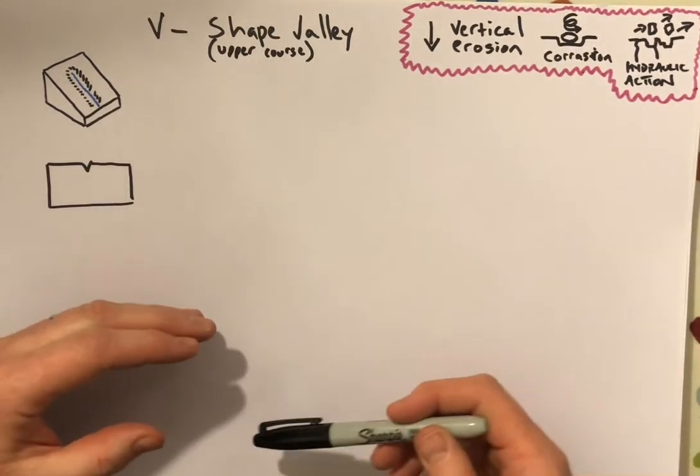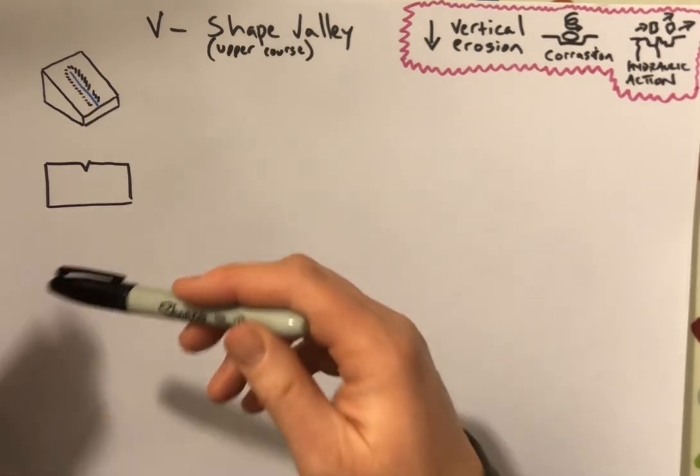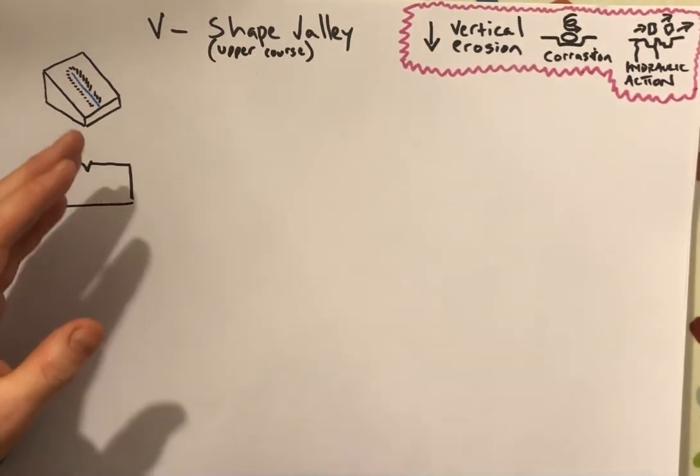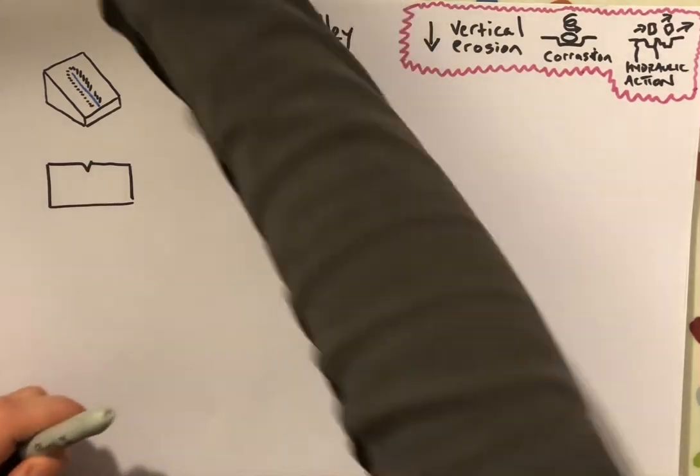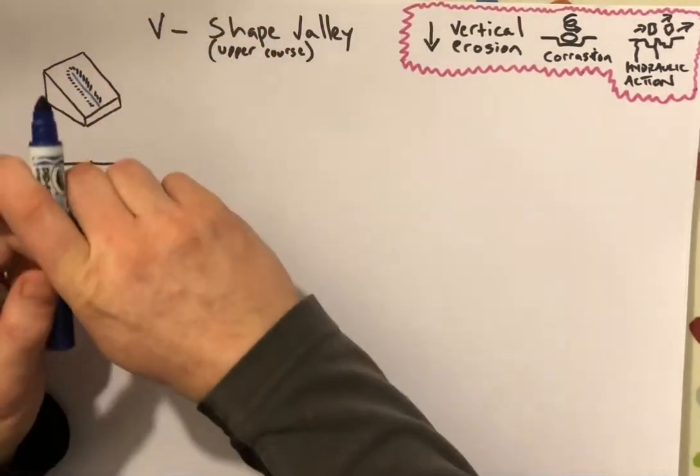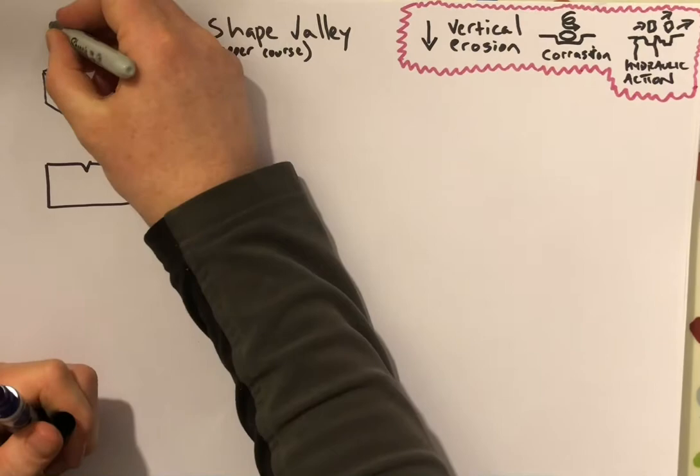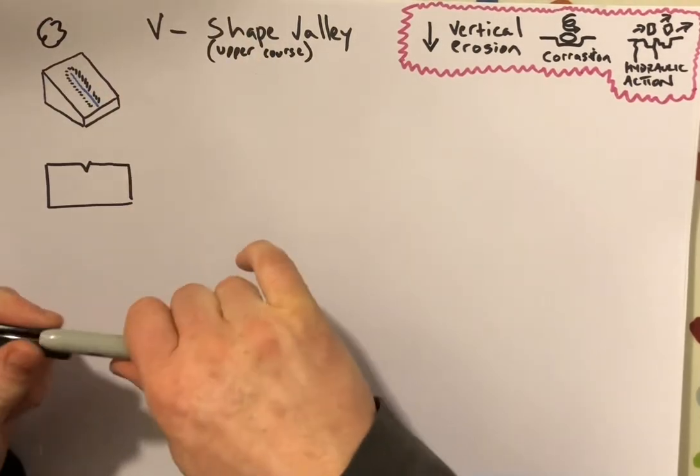V-shaped valleys begin their development as gullies. Gullies form from rills. So what we have is in the hills, we have a lot of rain.